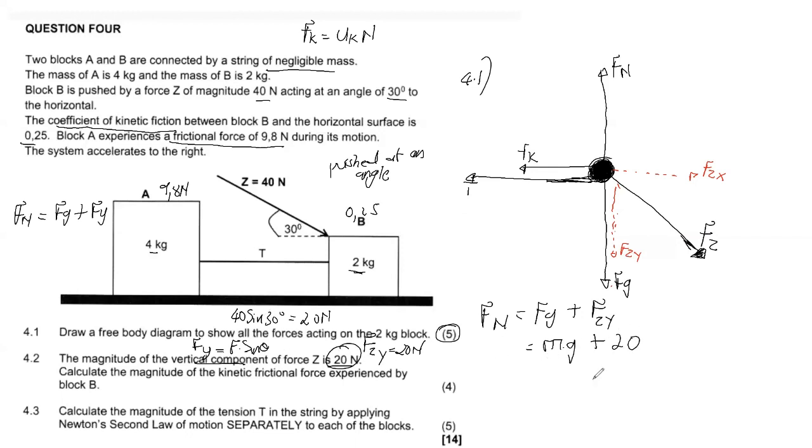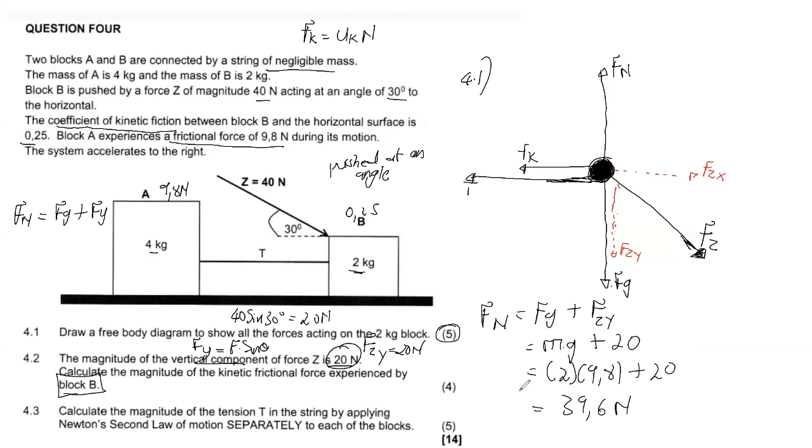Let's just substitute. What is our mass? The mass for block B, because we are calculating for block B, remember, do not be carried away by the question. Then we have 2 times 9.8 plus 20 here. Punching all that into your calculator, the value that you end up with is 39.6 newtons. But remember, this is not what you are actually looking for.